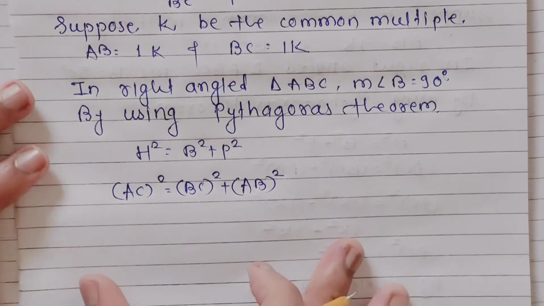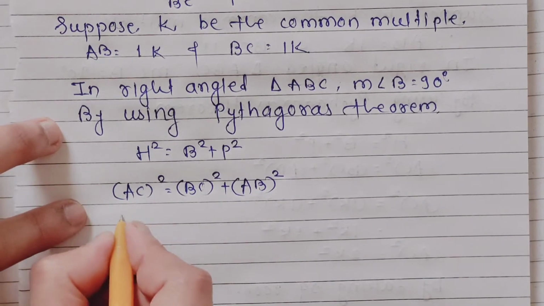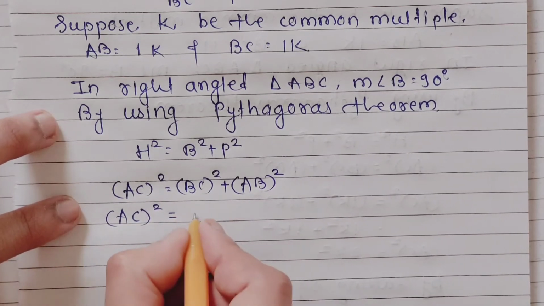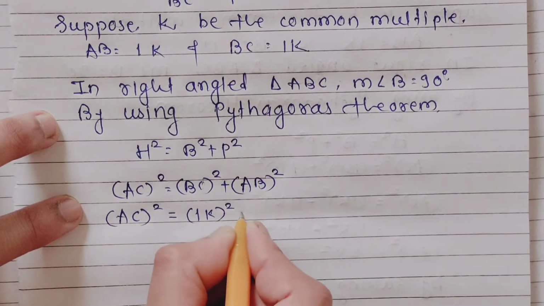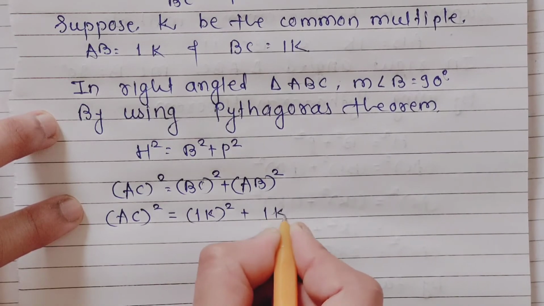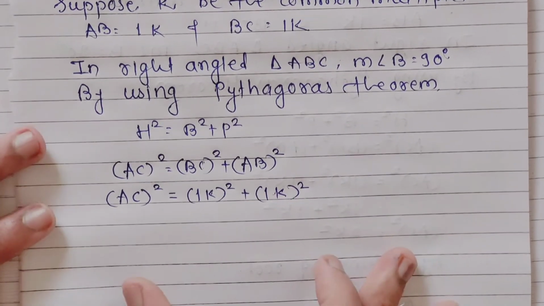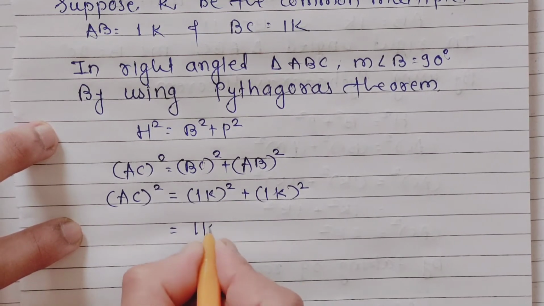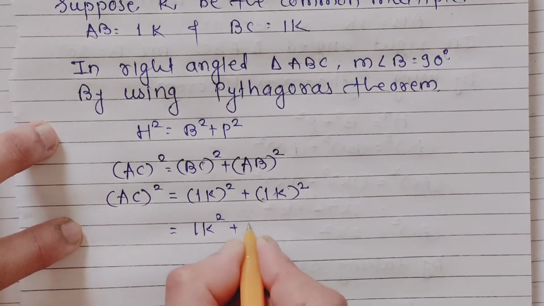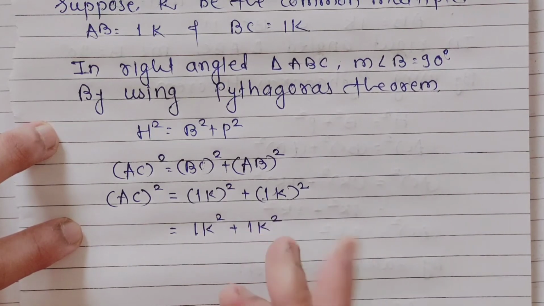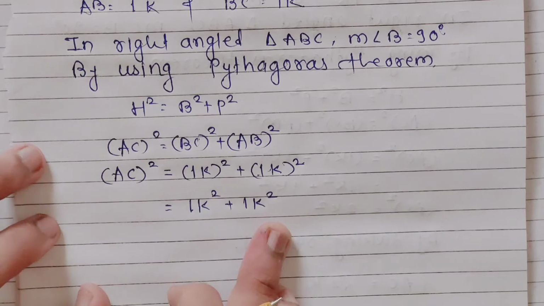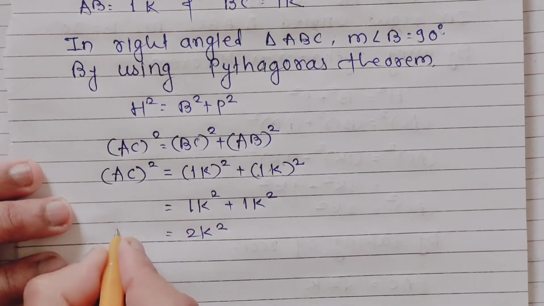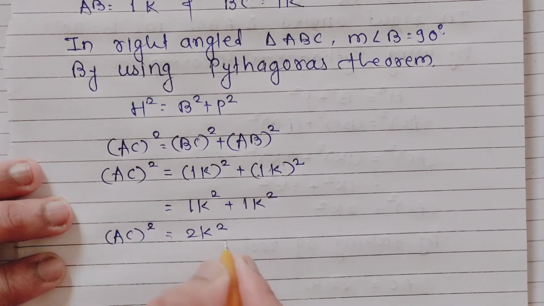Simply put the values. AC square as it is, we have to find the length of AC. So it is equal to BC square, that means 1K bracket square, plus AB square, which is also 1K bracket square. Is it clear? So 1 square into K square plus 1 square into K square. Then addition, 1K square plus 1K square, that means 2K square. AC square is equal to 2K square.